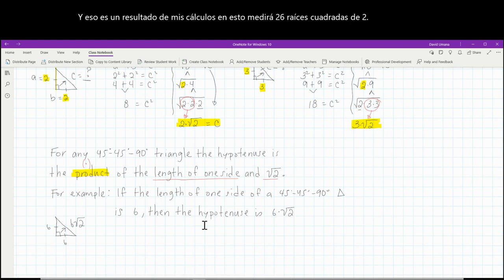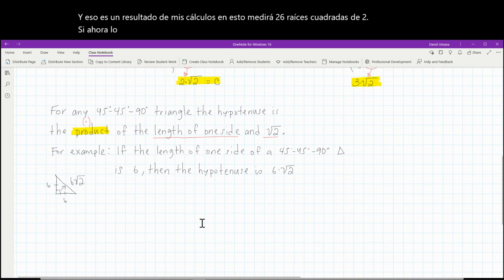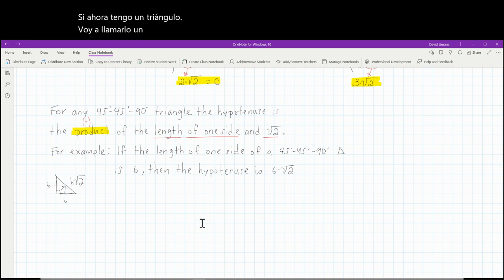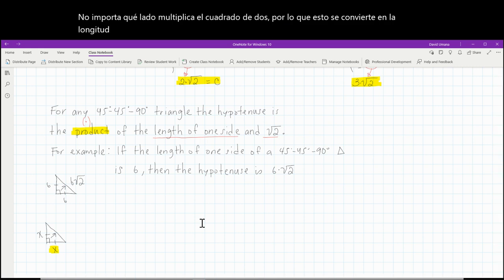Furthermore, if I now have a triangle, I'm going to call it some general triangle, where the length of the side is measured as x, also a right triangle. I can now say that I happen to know that this is going to be the product of the length of one side, so the length of one side, doesn't matter which side, times the square root of 2. So this becomes the length of one side times the square root of 2.